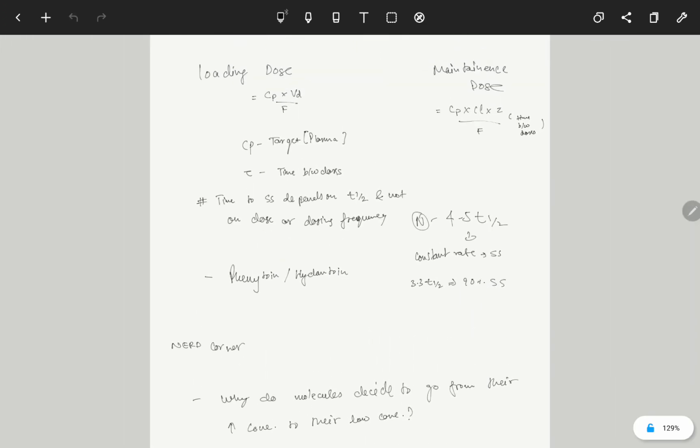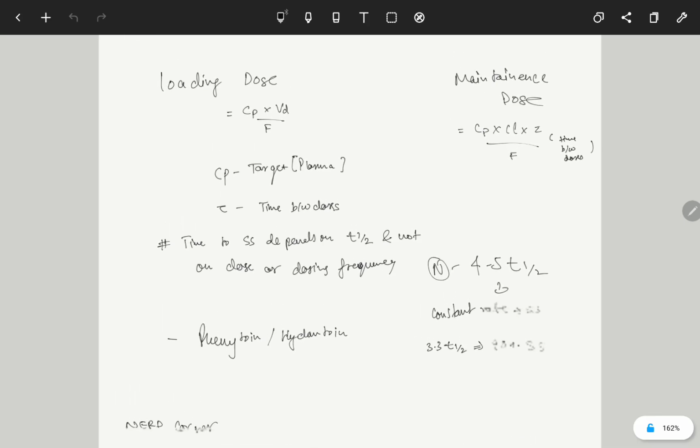Okay, simply. And then there is this concept of loading dose and maintenance dose. Loading dose is basically the target plasma concentration which we want to achieve into volume of distribution upon F, which is bioavailability. This is basically intuitive.